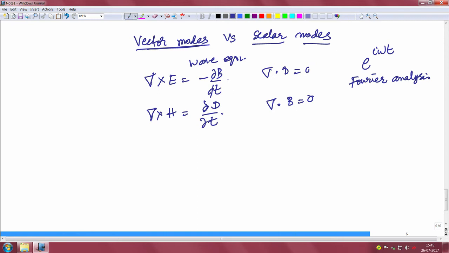So, this B will be replaced by B of x, y, z multiplied by e power i omega t. The variations with respect to omega could be relieved by replacing B with B omega.